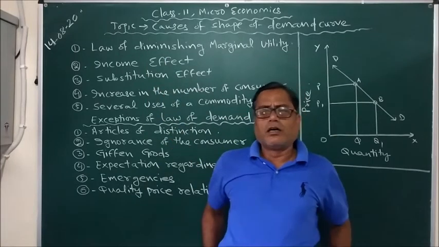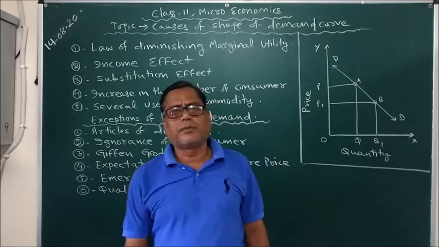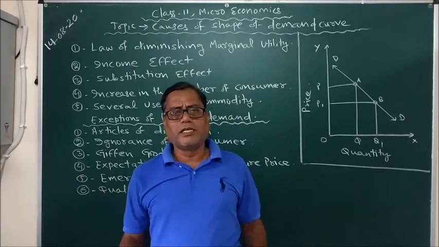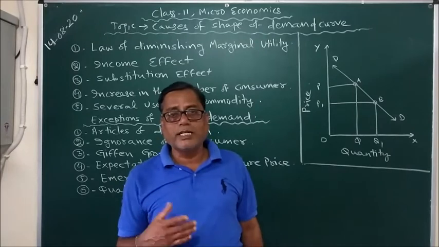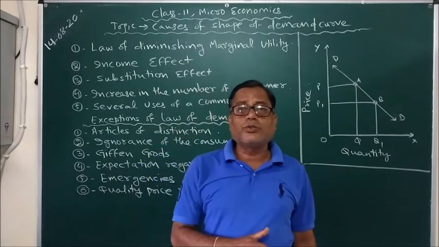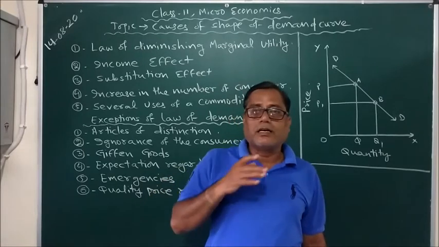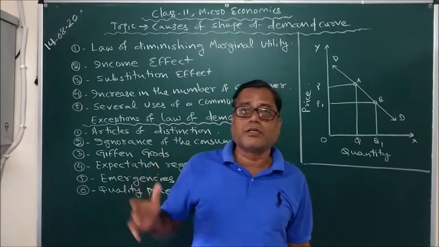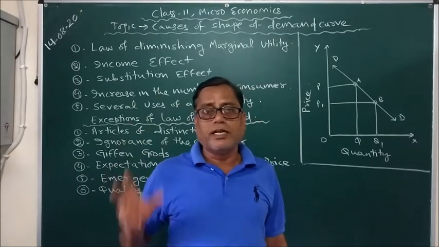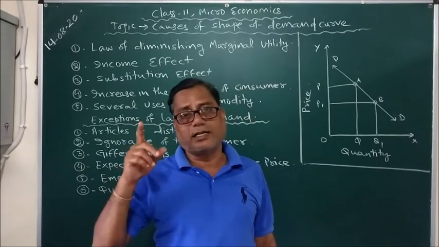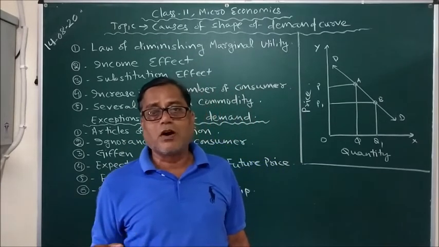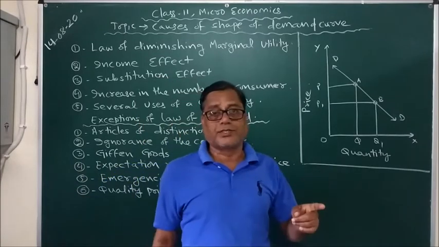So students, already in the chapter on consumer equilibrium, we have discussed that when a person continues to consume one unit after another unit, he continues his consumption till the marginal utility of the good that he is consuming becomes equal with its price.